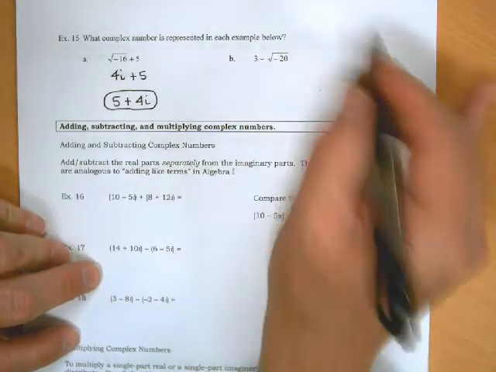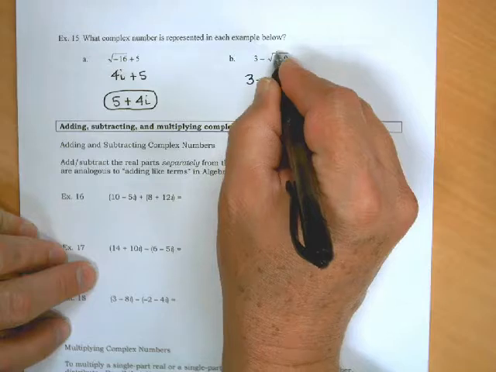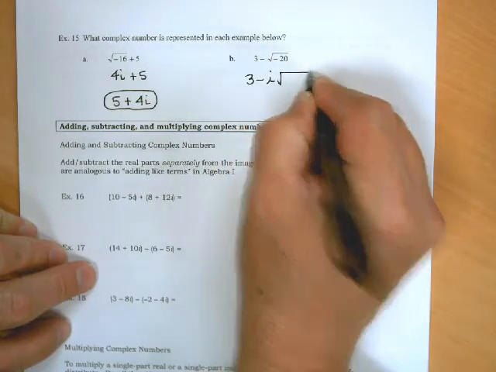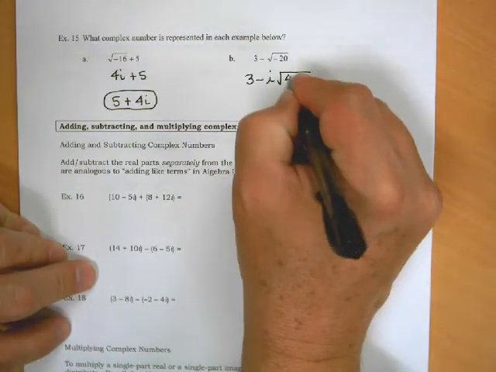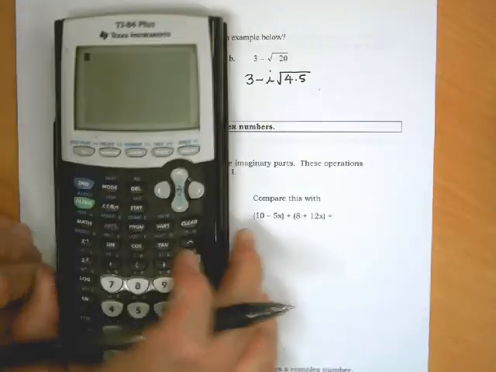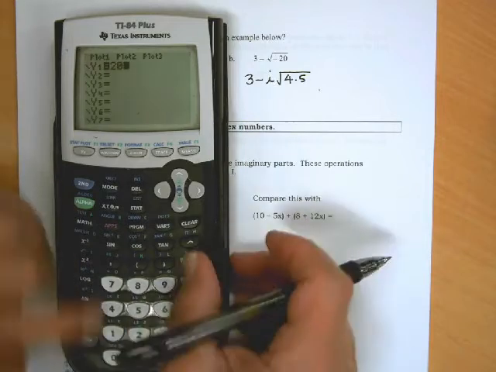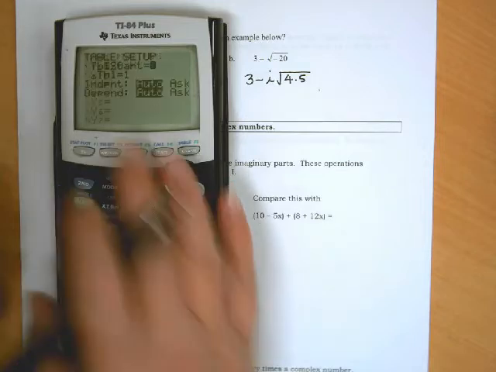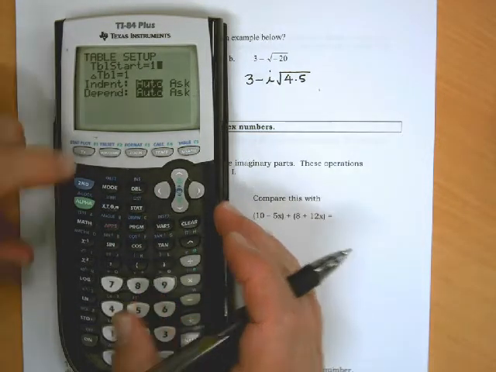Okay, the next one here is a little bit more difficult, but not much. The negative that's underneath the square root comes out as i, and then we're going to break apart that 20, and it's going to be 4 times 5, but let me just remind you that you can always enlist your calculator's help with that. If you go to the y equals key and type in 20 divided by x and go to your table settings, make sure it looks like that, and then go to your table.